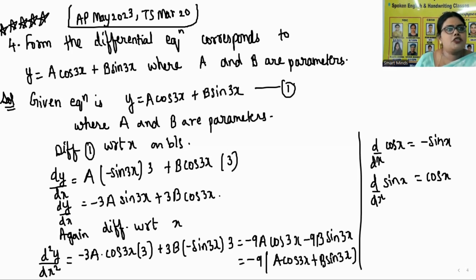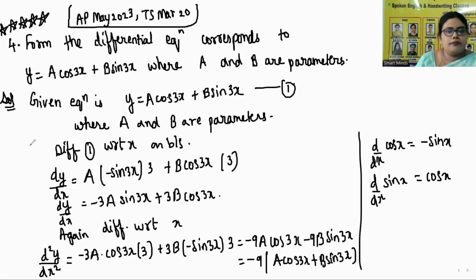If you look at the question, is the bracket equal to y? From equation number 1, you see a cos 3x + b sin 3x is y. So in place of this bracket, can I write y?